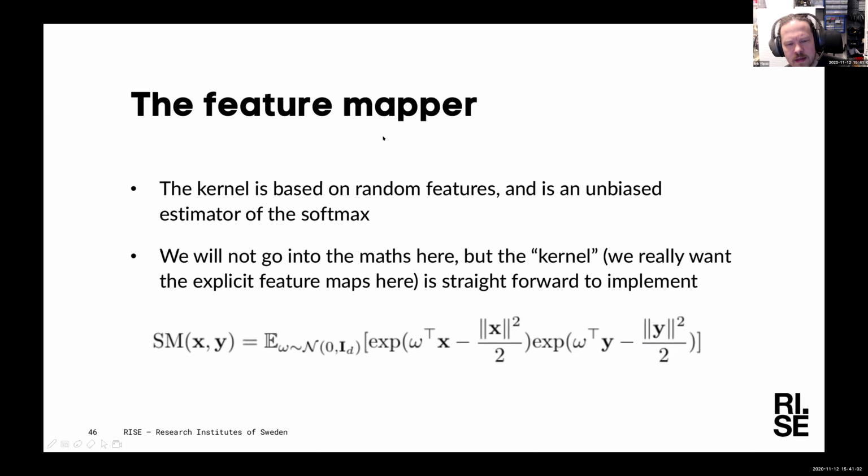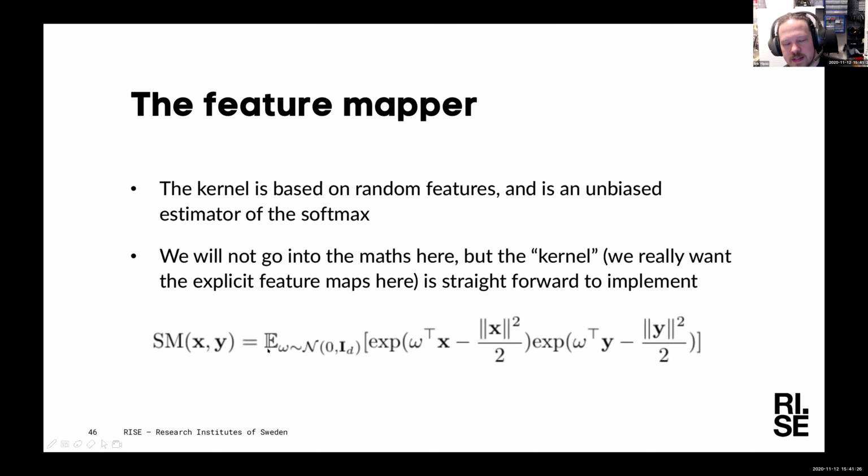Benjamin Recht and, I forgot his first name, Rahimi, did something they called random kitchen sinks, I think. And this is closely related to that work. So this X and Y here correspond to these, and SM is softmax, this exponential value I showed you before.